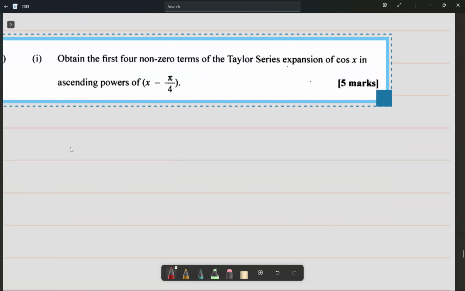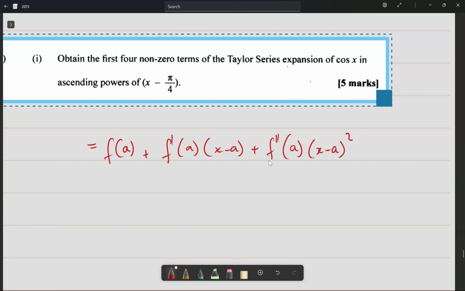The expansion is just going to be f of a plus the first derivative at a times x minus a, plus the second derivative at a times x minus a squared over 2, continuing down the line.